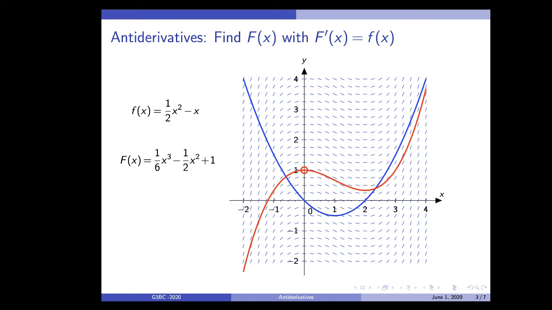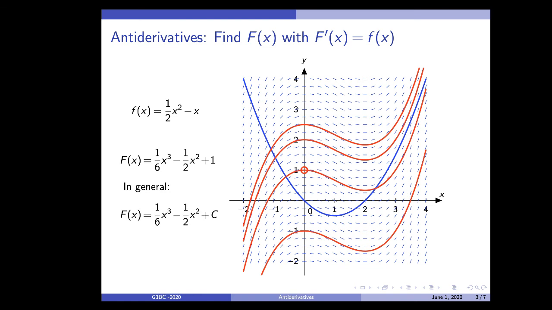We could have started on any other point on the y-axis, like on 0, 2. And indeed, this gives another antiderivative. The term looks almost exactly like the one here, but there's a 2 at the end, not a 1. Or you start at 0, 2.5, or at 0, minus 1, so actually there's not just one, but there are infinitely many antiderivatives.